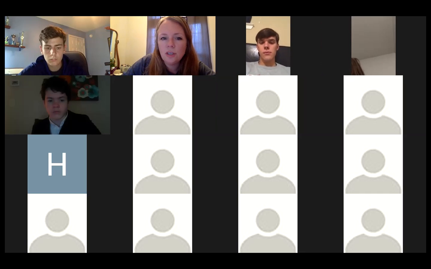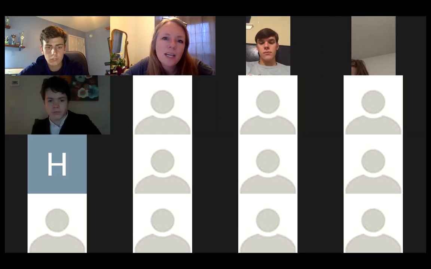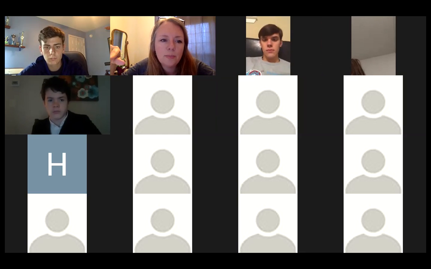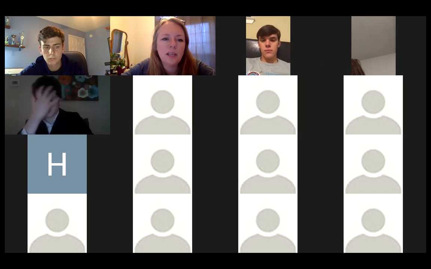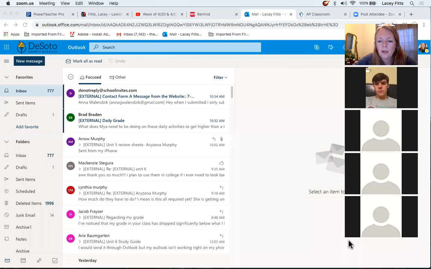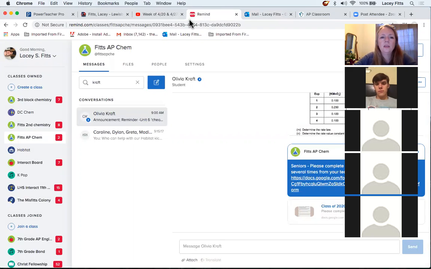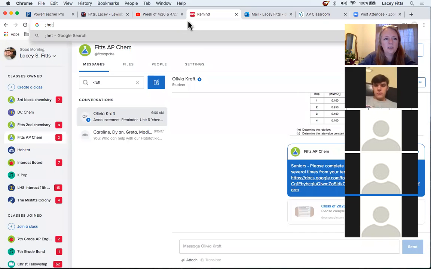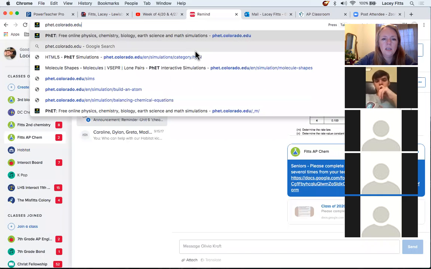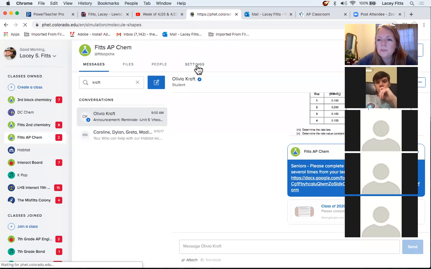So it directs you to the University of Colorado's simulation site. It's the same website that we looked at when we did the Rutherford's gold foil experiment. We have a lot of fun simulations for math and chemistry and physics, but we are going to use, all right, so it's this molecular shapes simulation.